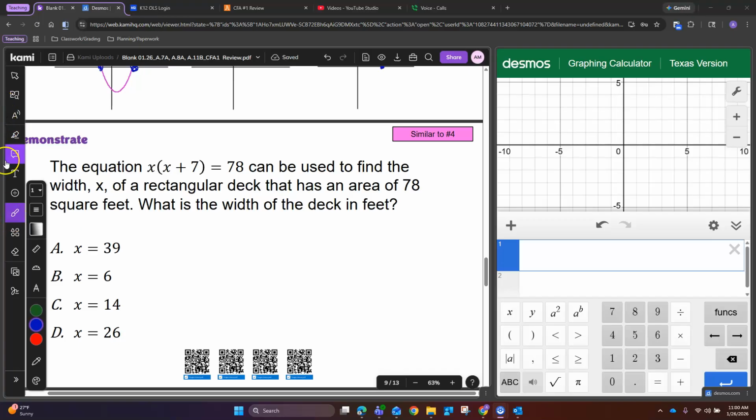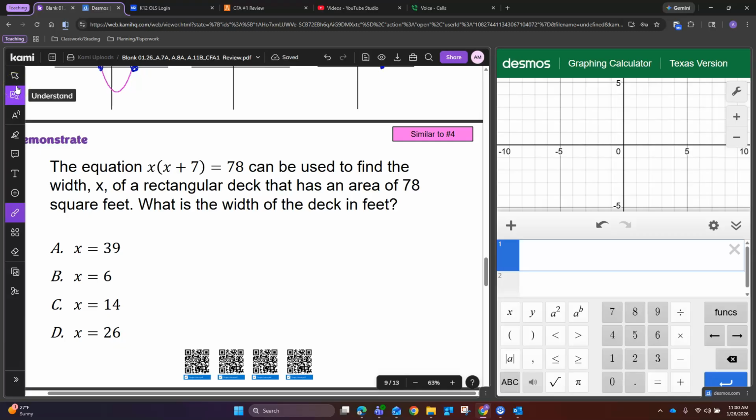All right, the equation x times x plus 7 equals 78 can be used to find the width of a rectangular deck that has an area of 78 square feet. What is the width of the deck? A couple of ways we can do this. My preferred strategy would be to graph it though. And to graph it, we can do one of two things.